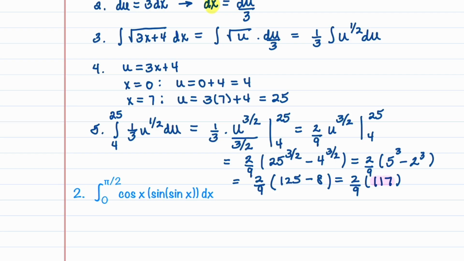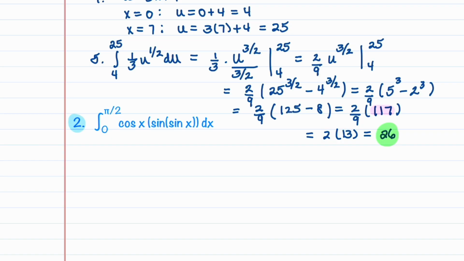And that's divisible by 9, so you know that 9 goes into 117. I just think that's a fun trick. This gives us 2. 9 goes into 117 13 times, and we get an answer of 26. Remember, whenever you are computing a definite integral, you're always going to get a number.